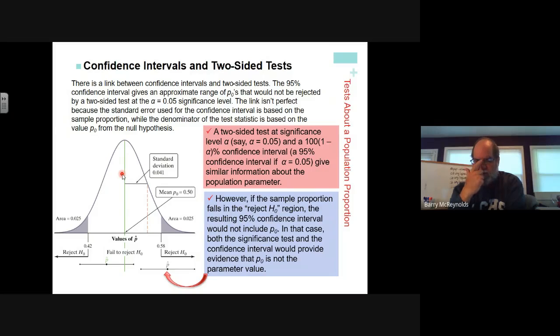So we have to make sure that we consider whether that alternative is less than our population parameter, or it could be greater than. So the confidence interval in this case really helps us sort out where our population values lie. Do they lie above our null hypothesis associated with p naught, or do they lie below?